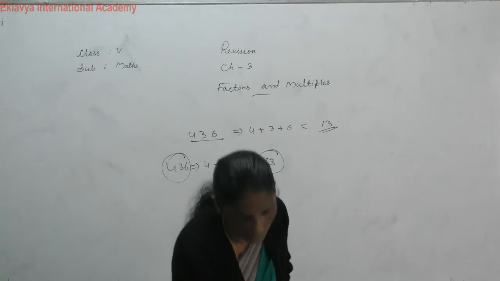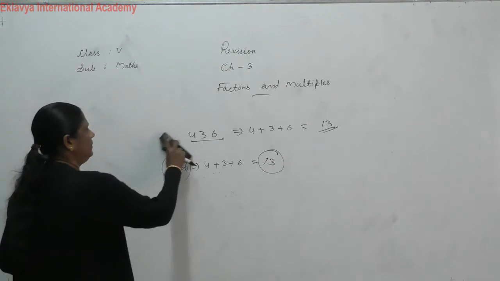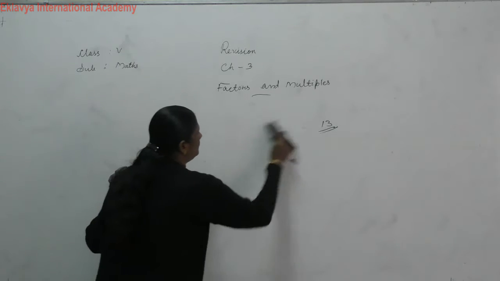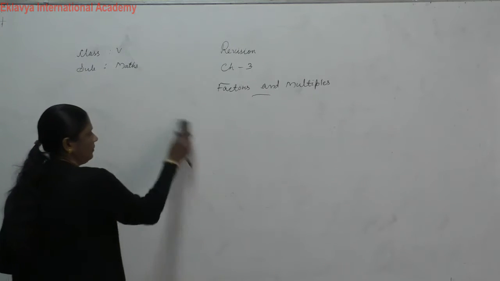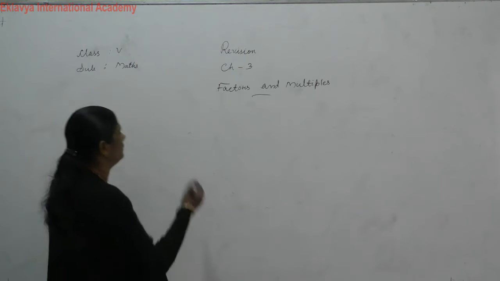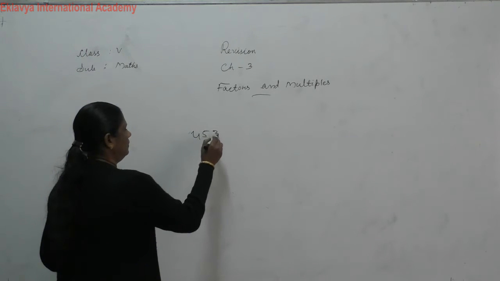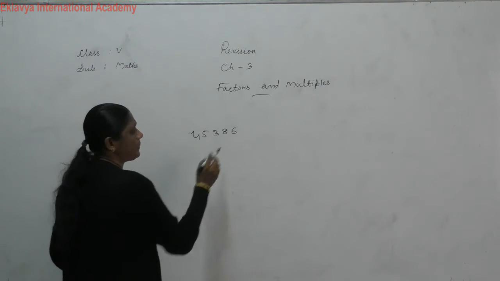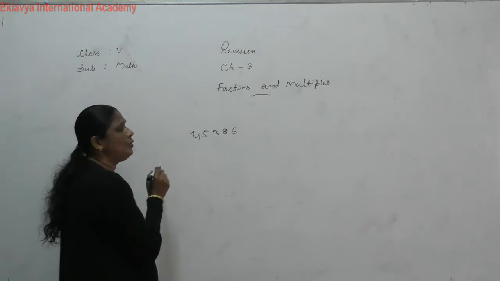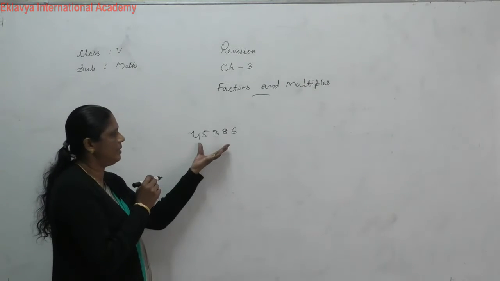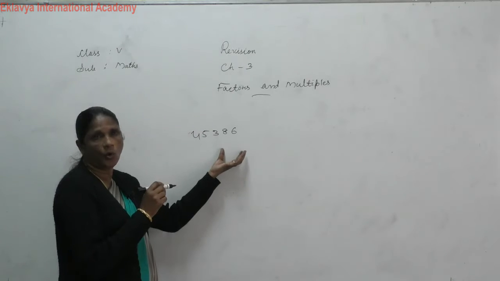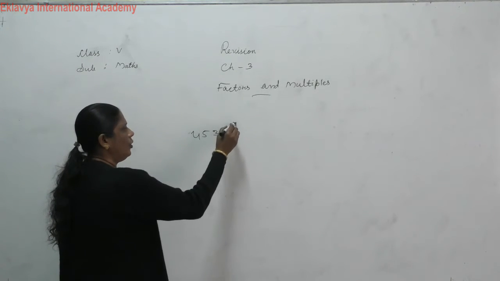Then 11. What is the rule of 11? Here, look here. Divisibility by 11: first you arrange the places as odd, even, odd, even, odd.